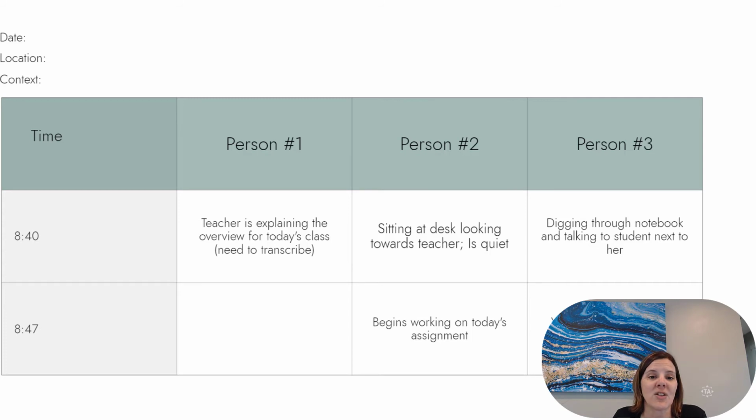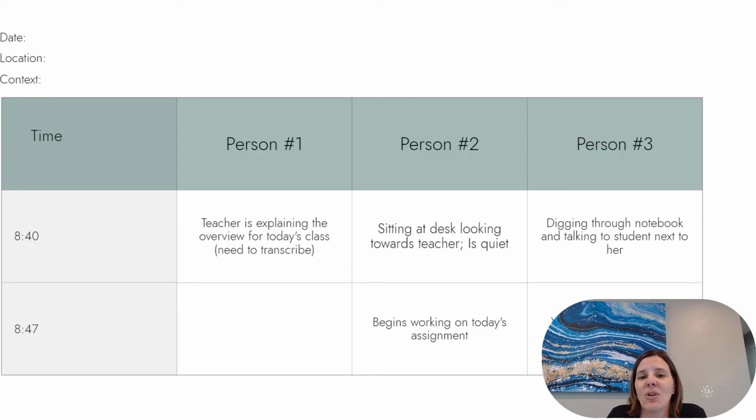I don't need to transcribe everything everybody says, but I do need to transcribe things that clearly relate, or that I think might relate, to my research question. Sometimes I'm able to get that. Sometimes I'm not, and when I'm not, I just need to make a note and flag it in some way. I would recommend highlighting that or doing something so that it stands out and you know it's something you need to go back to correct or fill out in some way.